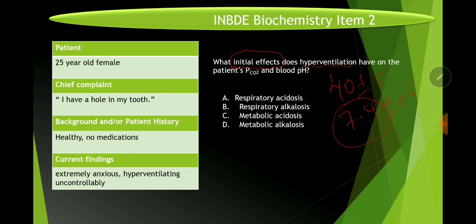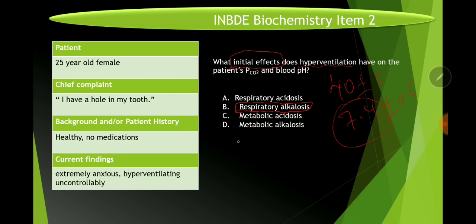With hyperventilation, you breathe out more carbon dioxide. You're blowing out more carbon dioxide, so you're eliminating carbon dioxide from your body. When you do that, you end up having less carbon dioxide and more oxygen. So we know we're dealing with respiratory. It's going to be respiratory alkalosis.